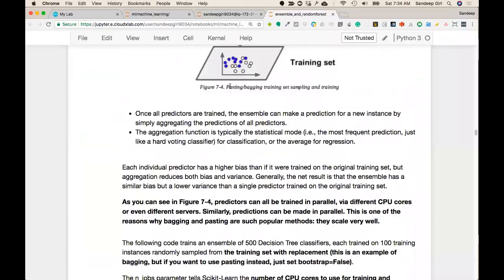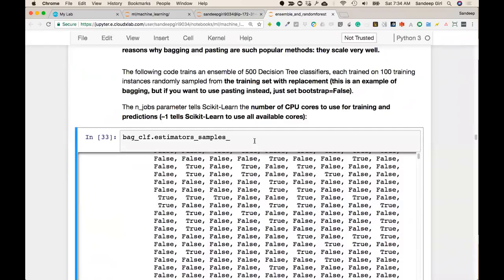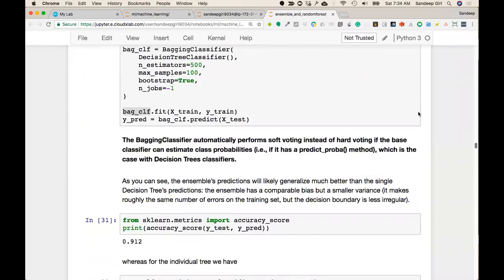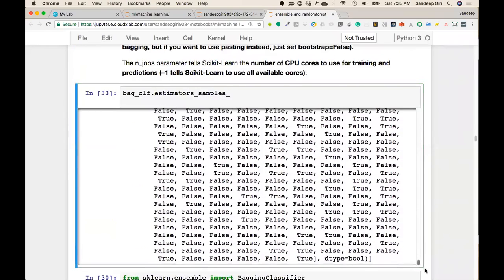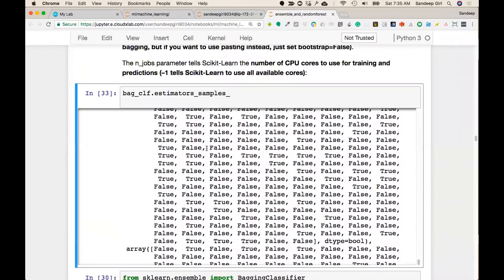These are the estimator samples, basically an array of trues and falses. So you have to use this to pick up the data. So these are the samples, and for each of the samples, okay, this is very interesting.